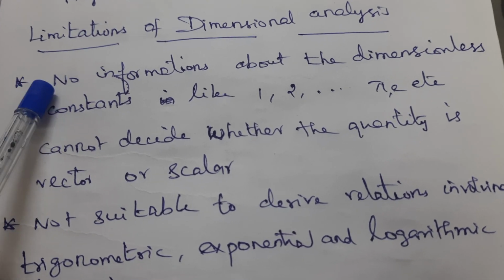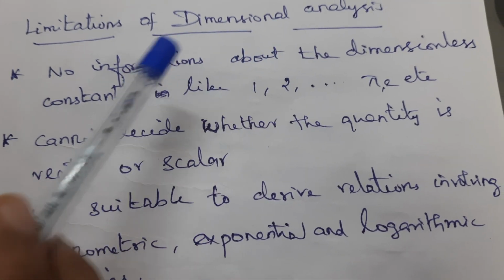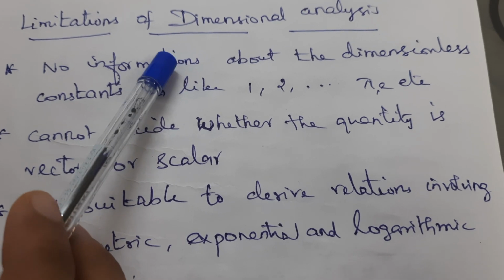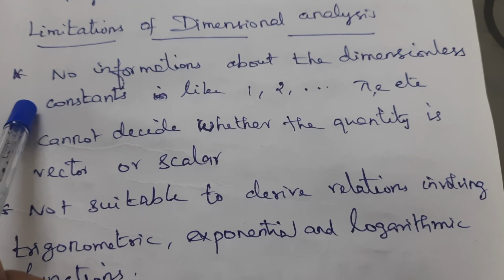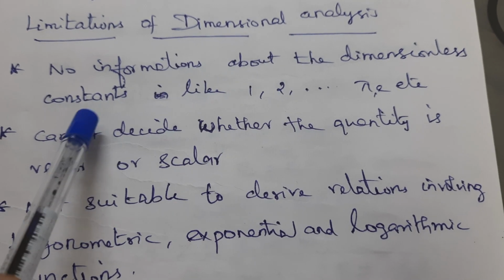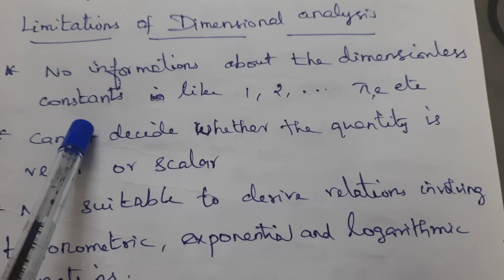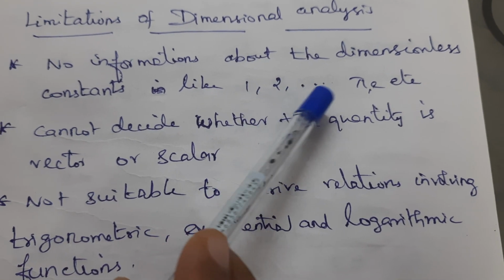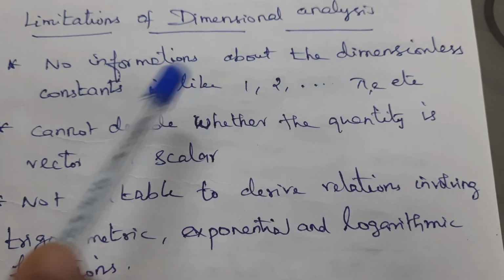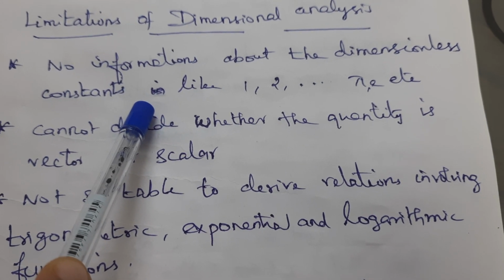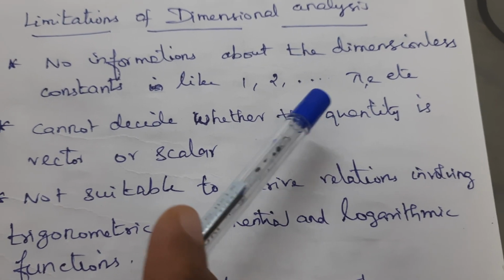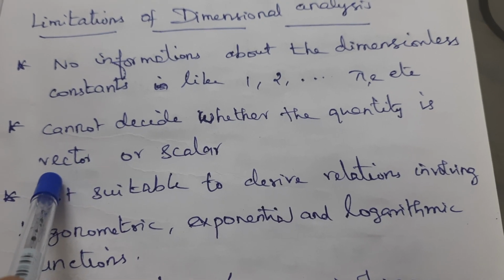Next, limitations of dimensional analysis. We have seen the uses, now the limitations. What are the limitations of dimensional analysis? This method gives no information about the dimensionless constants in the formula like 1, 2, etc., pi, e, etc. Second point.